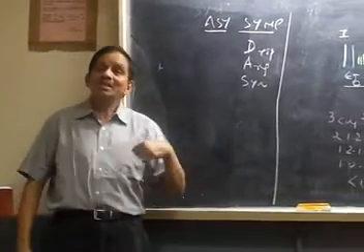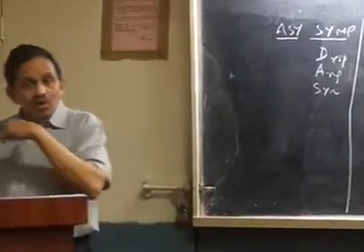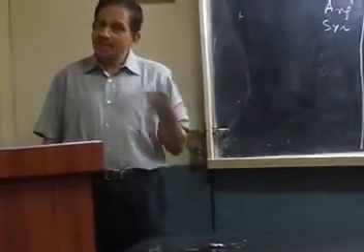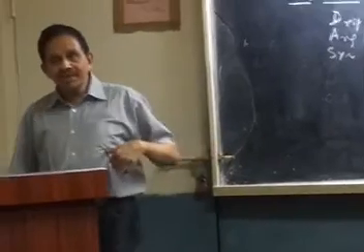Now, where is it best heard? The murmur is best heard in the aortic area, and conducted to the neck, to the carotids. Third, the murmur can also be well heard in the mitral area.